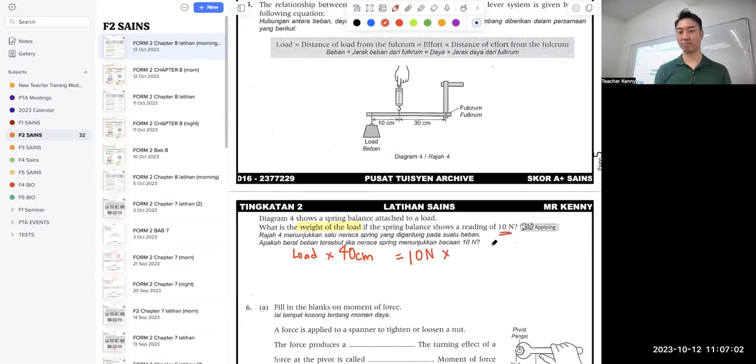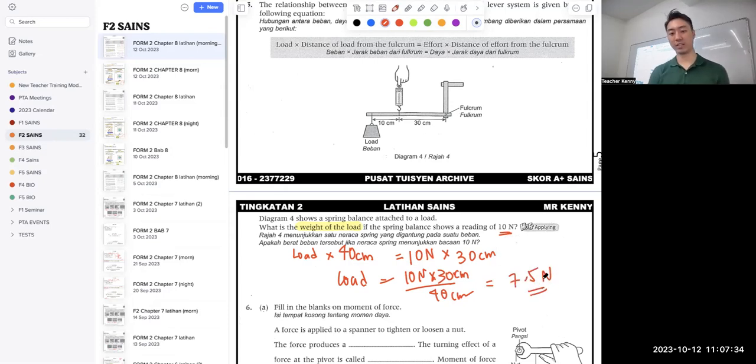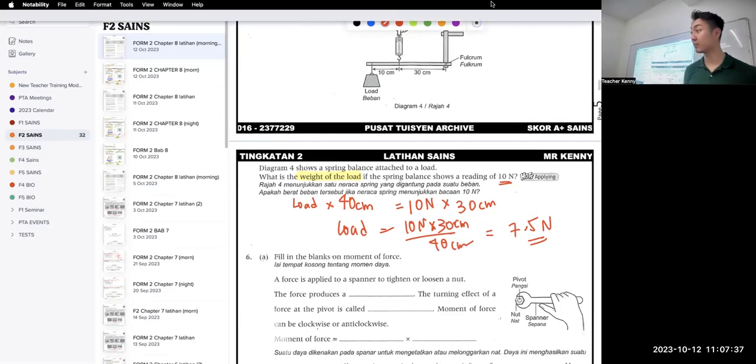Given here already. 10 Newton, 30 cm. Exactly. Just now I taught you the seesaw, that's because the fulcrum is in the middle. Now the fulcrum is at the side, focus back to the fulcrum. So load is 10 times 30 divided by 40. What's the answer again? 7.5 Newton. Okay?